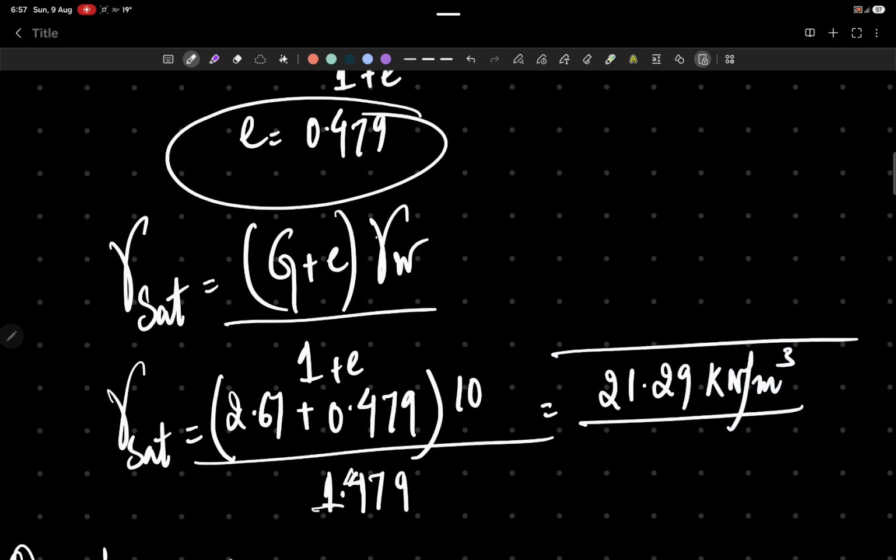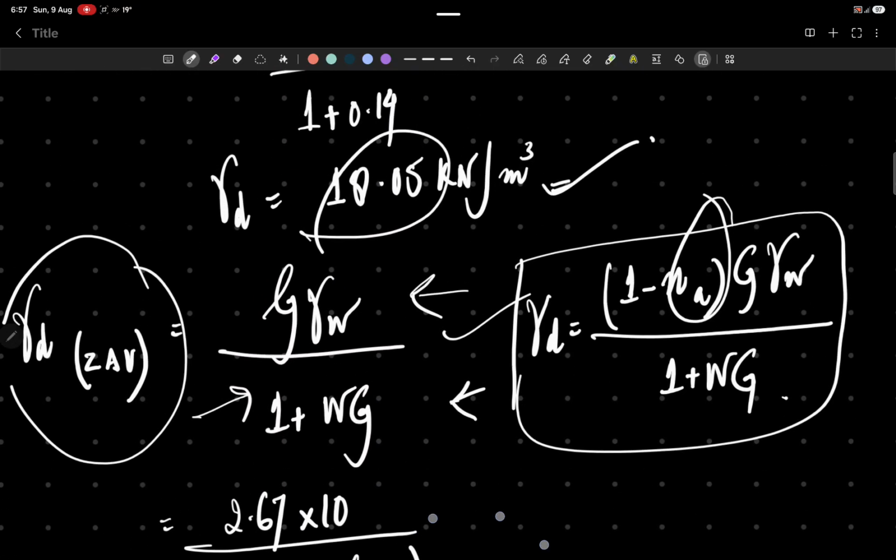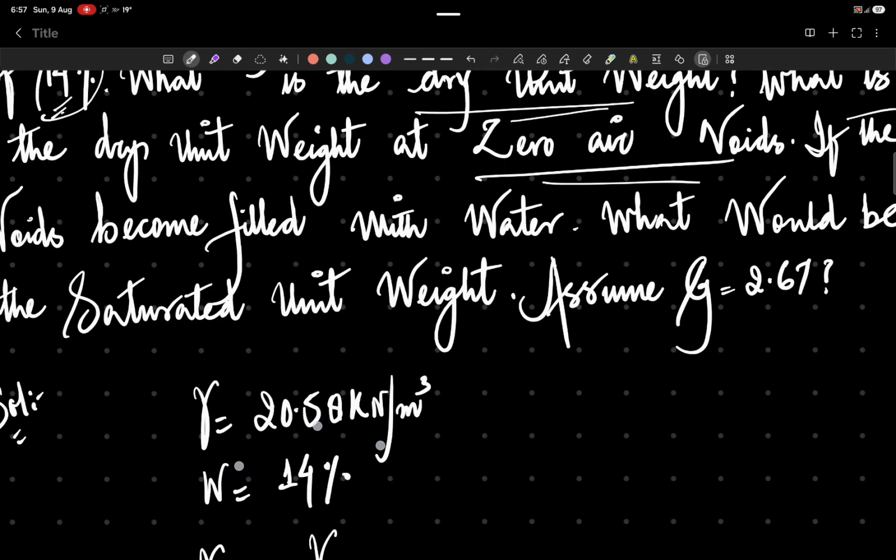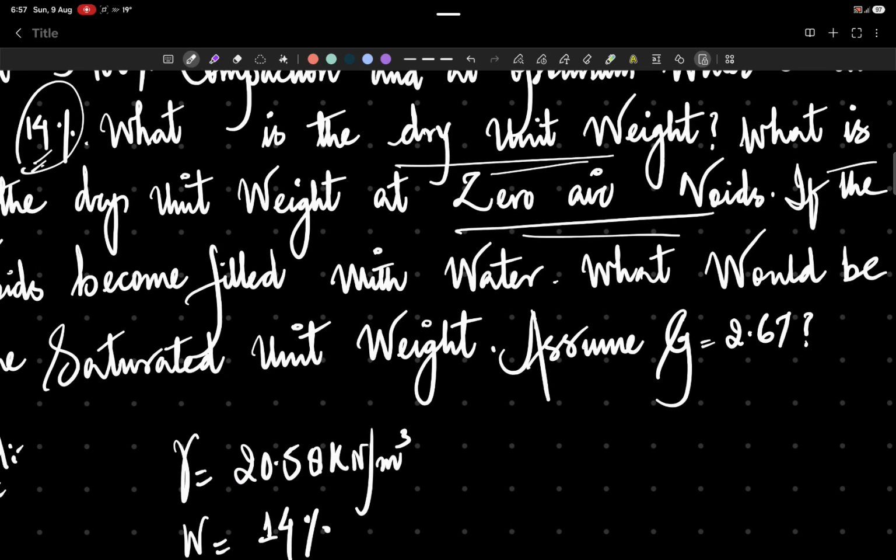This is the saturated unit weight. All right. So what would be the saturated unit weight if the voids become filled with water? That means there is no air phase and the soil mass reduces to the two-phase system from the regular three-phase system, and all the voids contain only water.